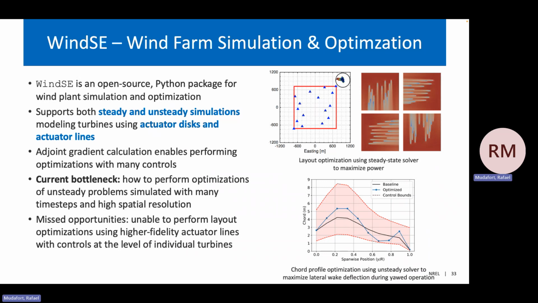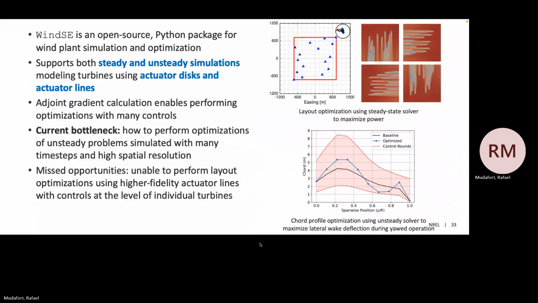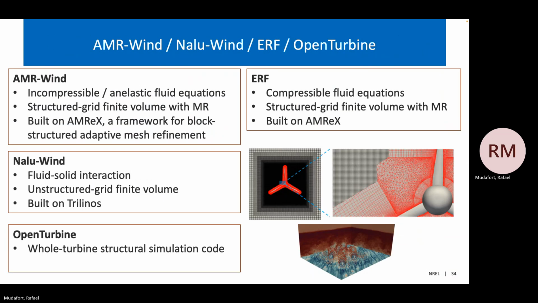It has adjoint gradient calculation for performing optimization. And then we have our high fidelity suite: AMR-Wind, Nalu-Wind, ERF, and OpenTurbine.